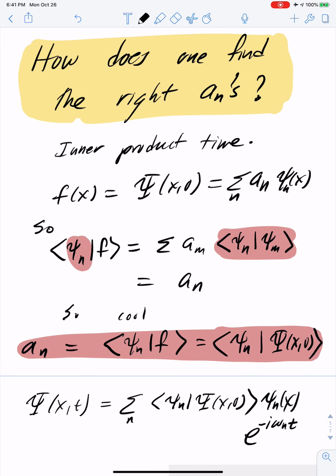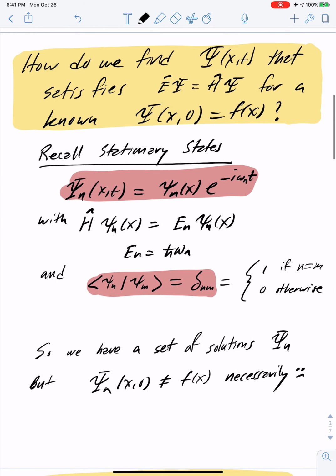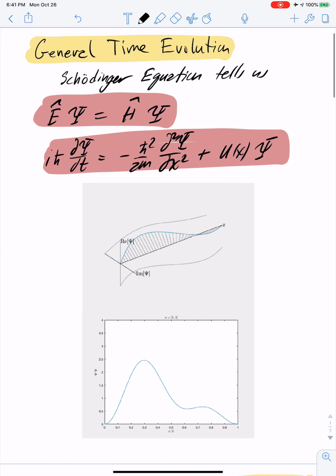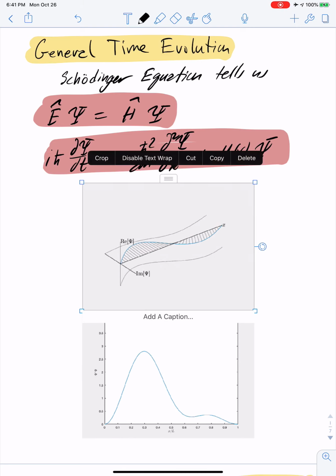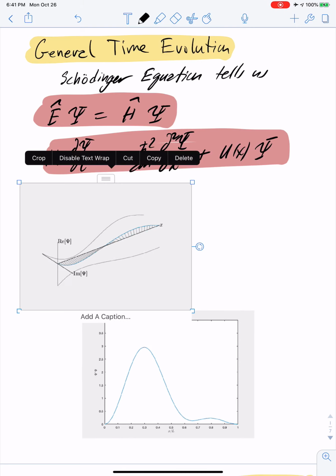There was a remaining question from Friday, and the question was, how could it be that if you have stationary states, if you add them together, they're not stationary? So let's go back up to this example I had up here at the very beginning. This is actually a sum of two stationary states.